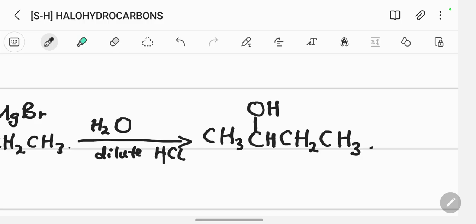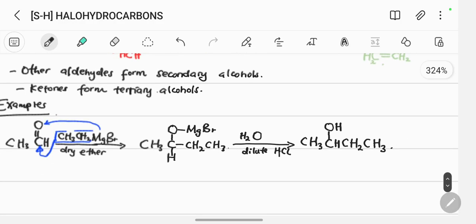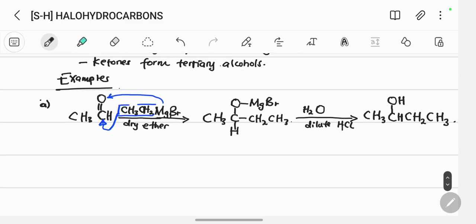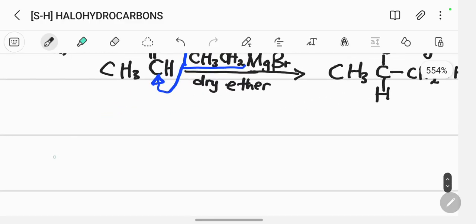Then I'm going to move on straight to preparation of tertiary alcohols as my second example. So use this example to build more and more understanding.